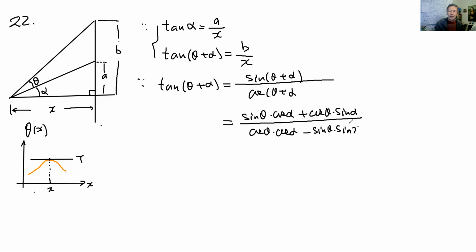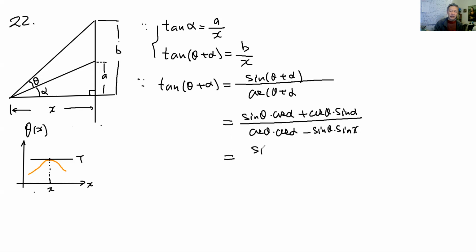Now we have to substitute that into our equation. Do we know theta? No. We need to find theta as a function of x. Tan theta and tan alpha are given. So we just rewrite it: divide every term by cosine.